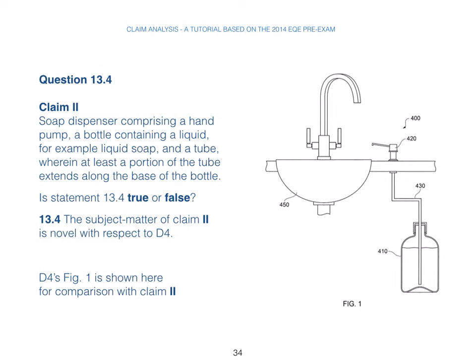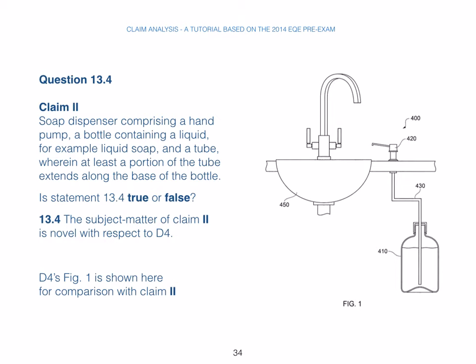13.4. Here we're concerned with whether the subject matter of Claim 2 is novel with respect to D4, and D4's drawing is shown in the slide. So D4's system is a soap dispenser. It's part of a soap dispensing system.